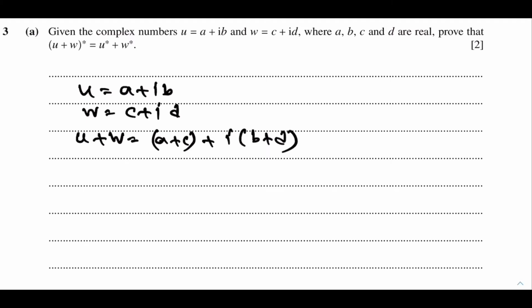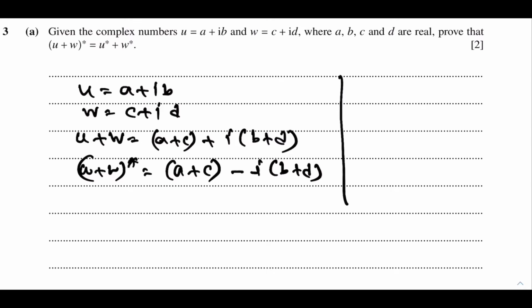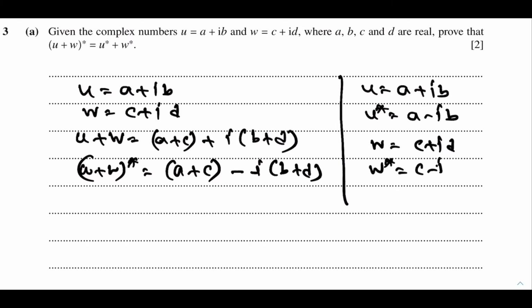Now the conjugate of u plus w equals a plus c minus i times b plus d. Now let us find the individual complex conjugates. u is a plus ib, so the conjugate of u equals a minus ib. w is c plus id, so the complex conjugate of w equals c minus id.